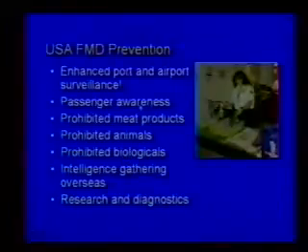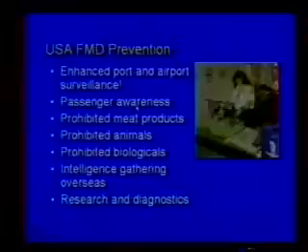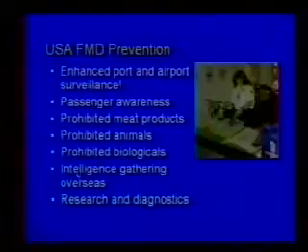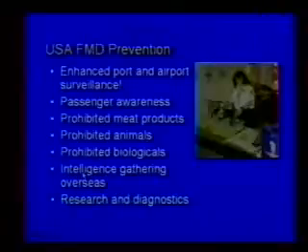So passenger awareness of the risk that they could unwittingly introduce to the United States has been one of the cornerstones for developing this policy. And obviously many products are prohibited, and we also have embassies overseas gathering information on foreign animal diseases.